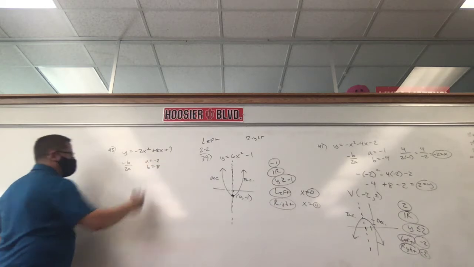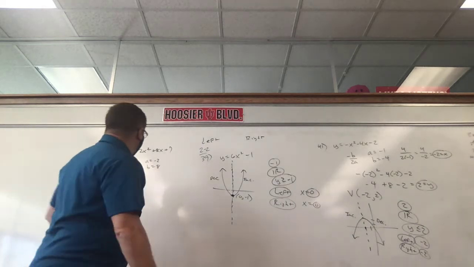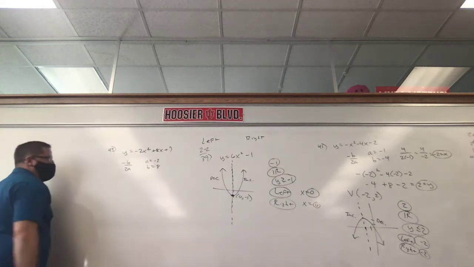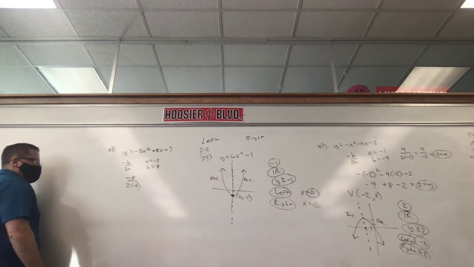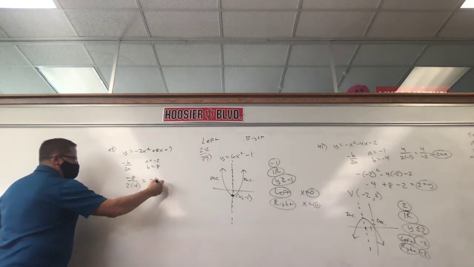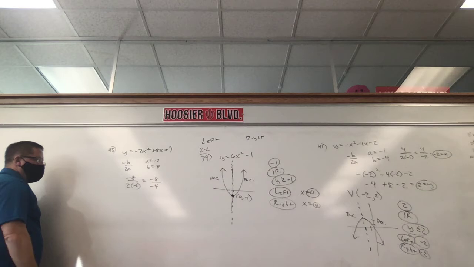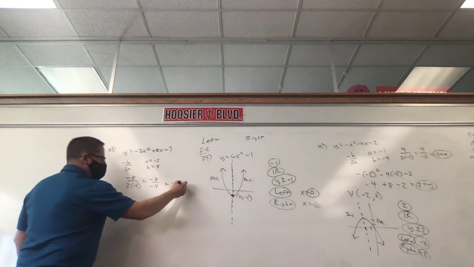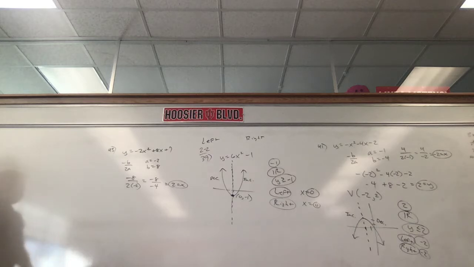B is +8. C we don't care about. So -b is -8 over 2 times -2, which is -4. -8 divided by -4 is +2. So the x value of our vertex is 2.